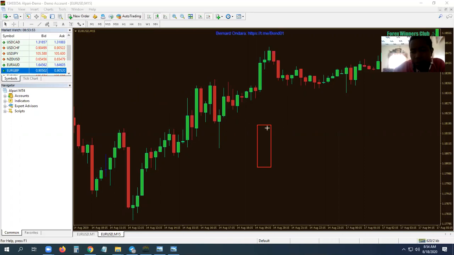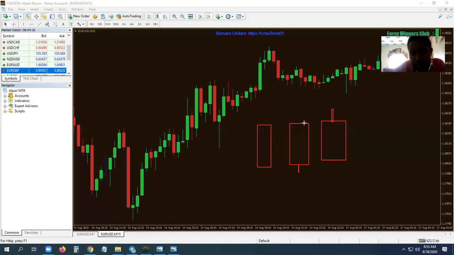For a bearish one, for a red candle, you can find this. There's no wick at the top, no wick at the bottom. Or you can find this, a wick at the bottom only. Or you can find this, a wick at the top only. Whichever the case, there must be one side without a wick. In other words, this candle opened here, did not even try to go up.